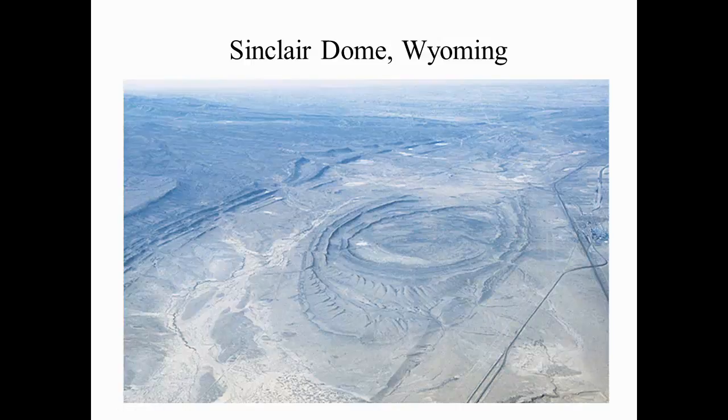If you look real closely at the photograph too, particularly in the foreground, we can see that the dipping strata all dip away from that central region. As we move away from that domal structure towards the flanks, notice that along the flanks we basically have an overall anticline.